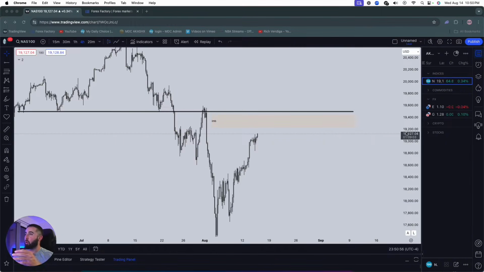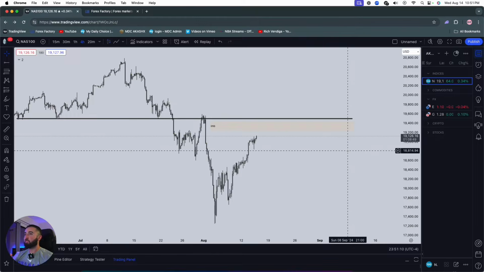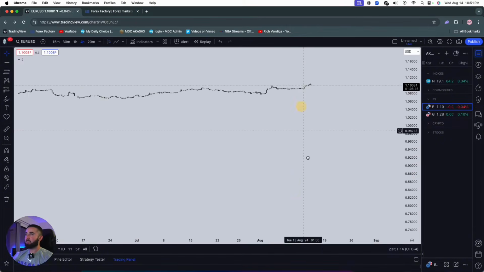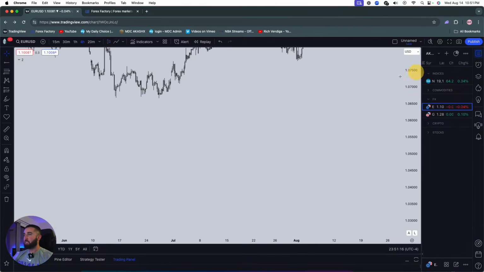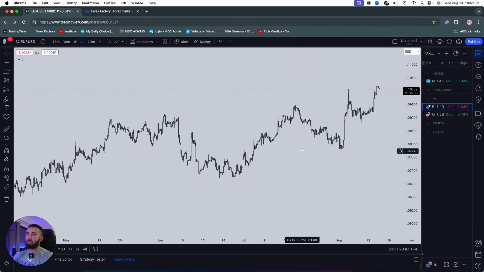Now let's hop onto the charts and show you guys why I choose to trade NASDAQ over forex pairs, gold, and other types of assets that are very popular in the trading space. So first and foremost, when it comes to the volatility and average daily range of NASDAQ compared to, let's say, Euro USD, it's a massive difference, guys. Euro USD, you're looking at less than maybe 50 pips a day on average.